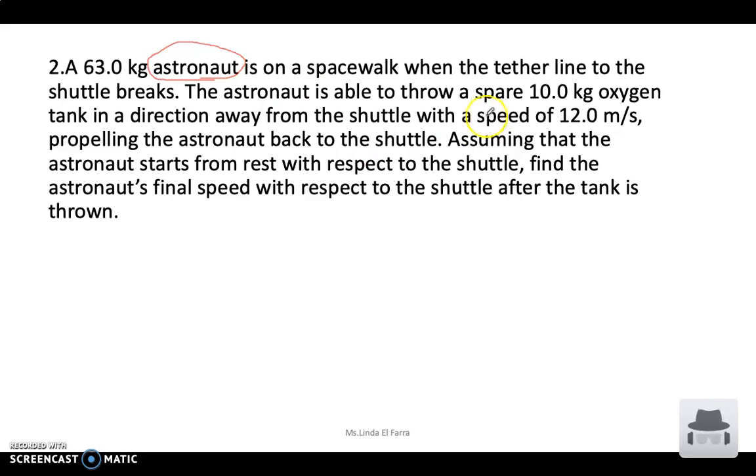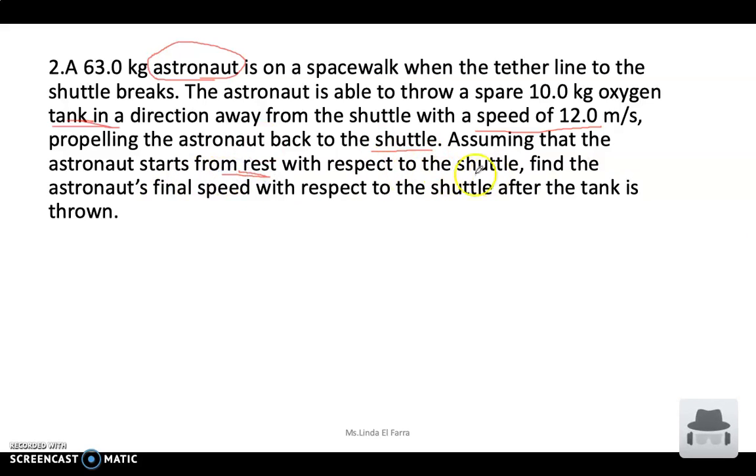Now he throws this tank away, and it has a speed, propelling the astronaut back to the shuttle. Meaning he will be pushed back to the shuttle, assuming the astronaut starts from rest.